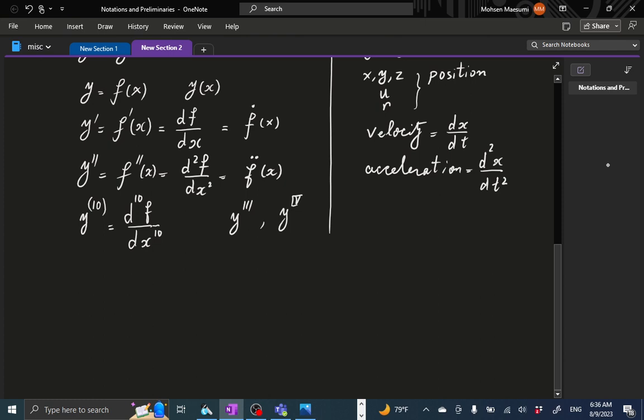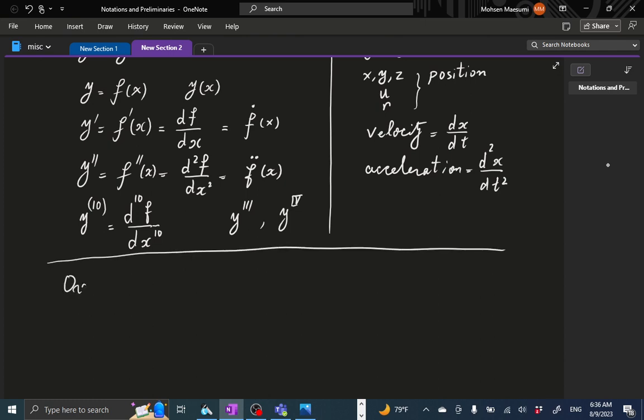Okay, so that's the notation for variables and derivatives. Next up, what is meant by the order of an ODE. So this was item 2 in my list. Order refers to the highest derivative you see in an equation.